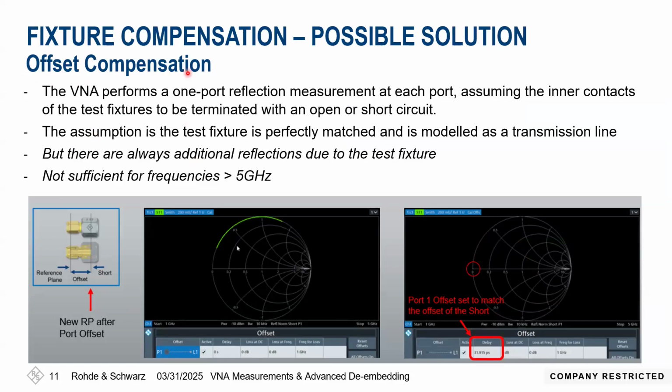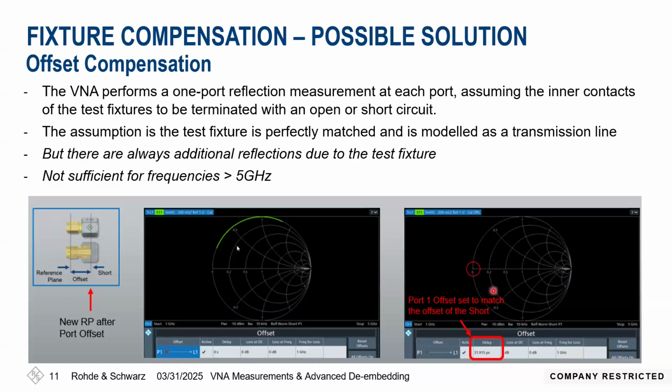So what it does is basically, for example, if we talk about a short over here, we all know that the short has some offset inside it. So when we connect this short standard, you will see an arc on the Smith chart like this. It's because of some offset length that is present inside the short standard.